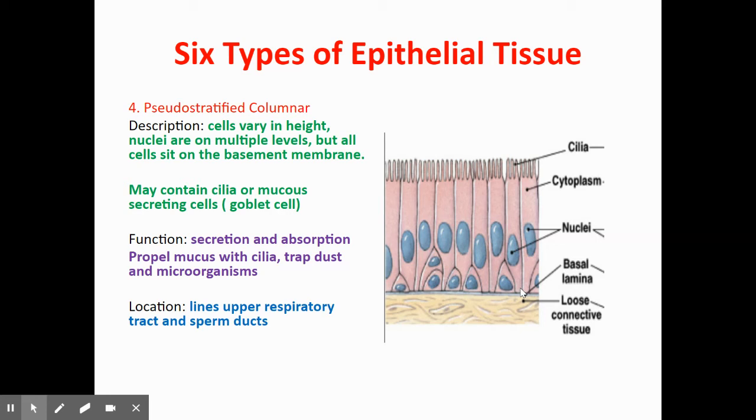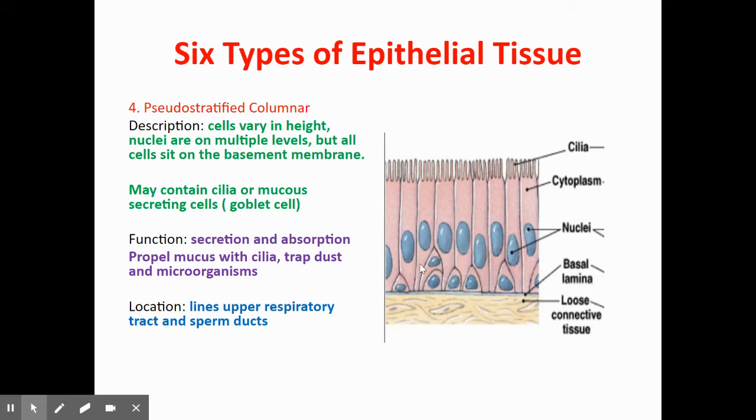So it looks like it's stratified, like there's multiple layers, but in reality, it's just one layer of cells. One of the ways you can tell pseudostratified from simple columnar is that the nuclei are at different levels. Remember with simple columnar, all of the nuclei were kind of at the bottom, whereas with pseudostratified, the nuclei are scattered at multiple levels.